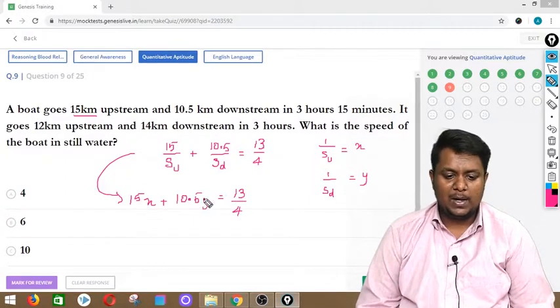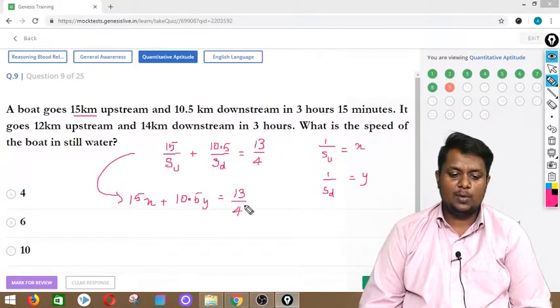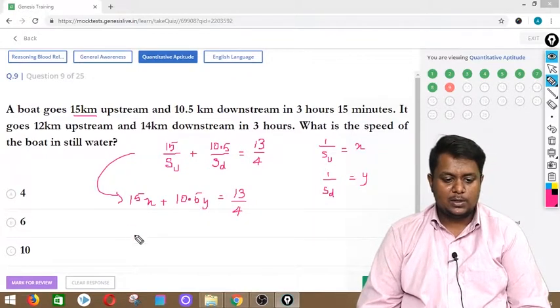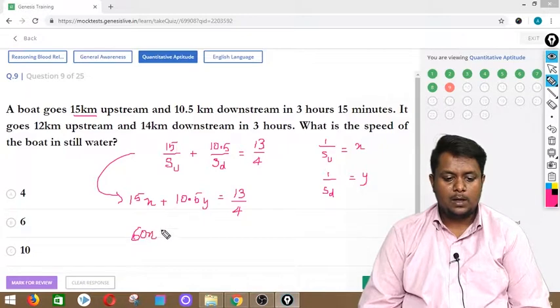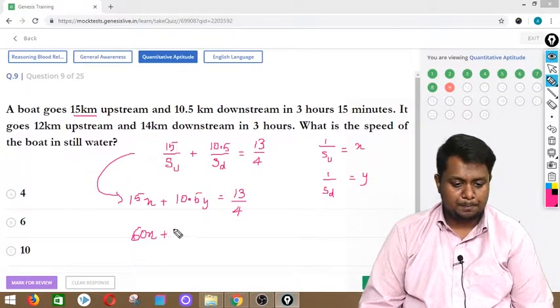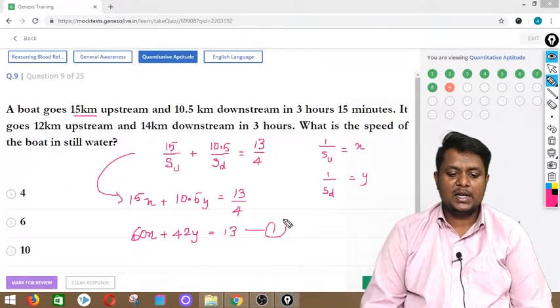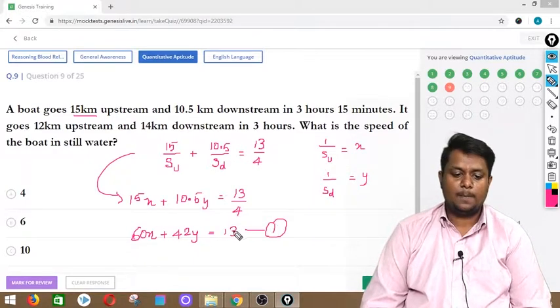I am going to multiply the whole equation by 4 so that I can remove the fraction as well as this decimal point. So, 60x plus 42y is equal to 13. I am going to consider this as equation number 1.